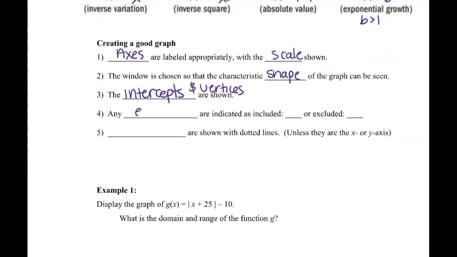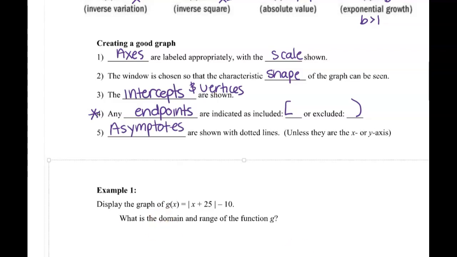Any endpoints are indicated as included, which would be like this, or excluded, which would be like this. Okay, a bracket or a parenthesis. We'll talk about this in a little bit. It's more like domain and range. And asymptotes are shown with dotted lines unless with the x or y axis, and then you can't really do that very well. Because there's kind of already a line there.